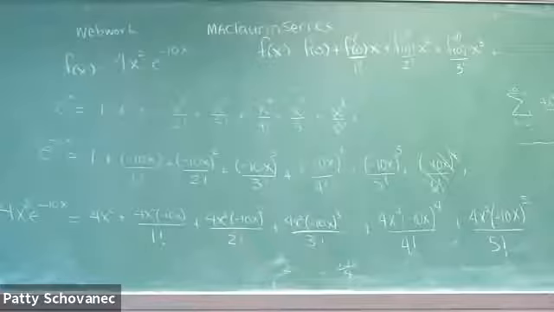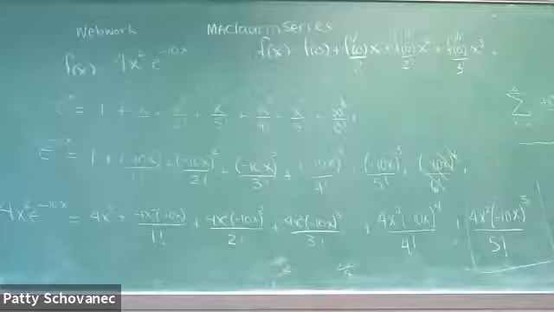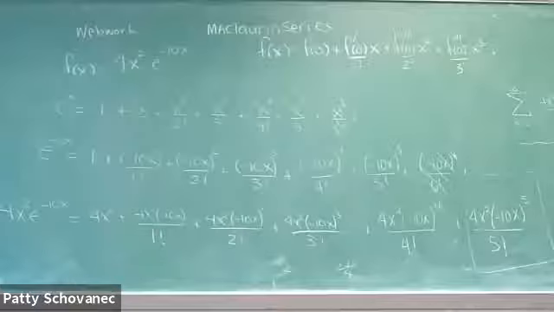Agree? If it still has an x in it and I'm evaluating my derivative at 0, those are all 0. So really, all I need to know is to take 7 derivatives of that one term and then let x be 0, but there won't be an x because this is an x to the 7th, right?